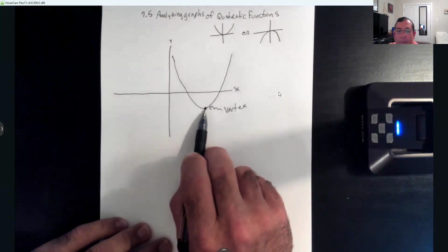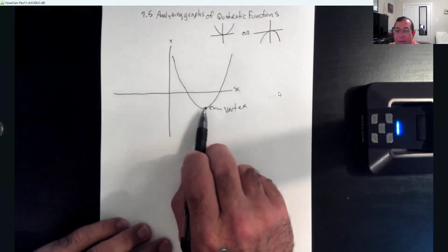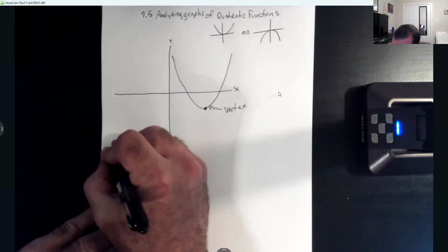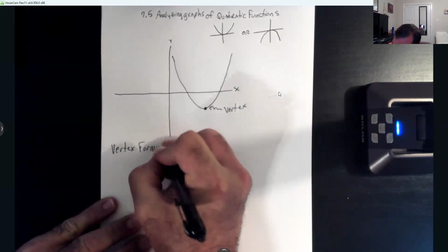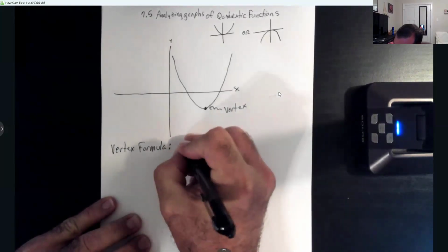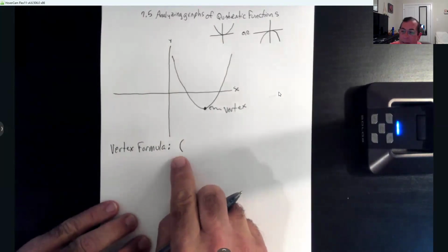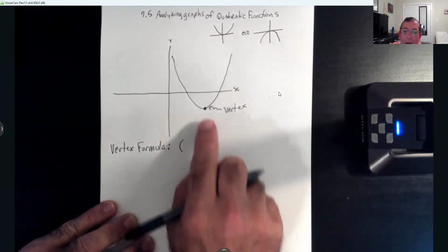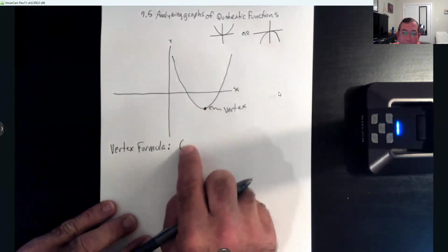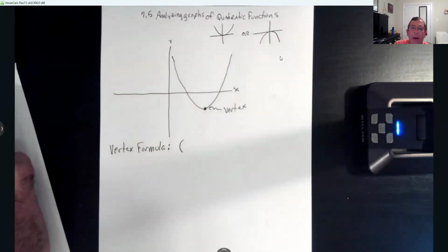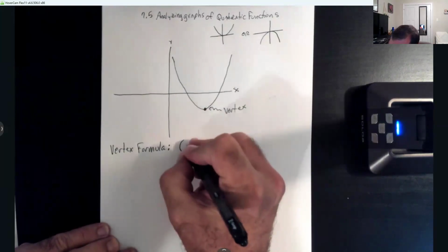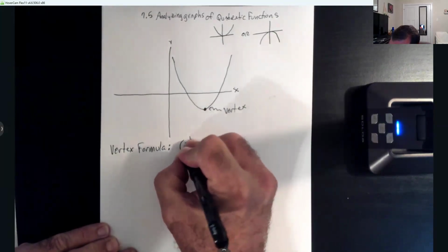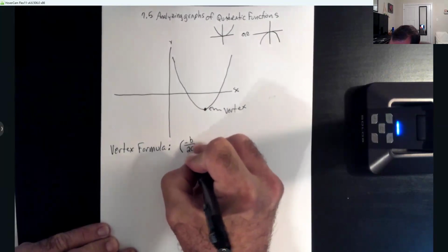Now, we got a formula to find this vertex on a parabola. All right, y'all, the vertex is going to show up like an ordered pair because we're finding the actual point. So to find that ordered pair, we got a formula. For the x coordinate, we find negative b over 2a.